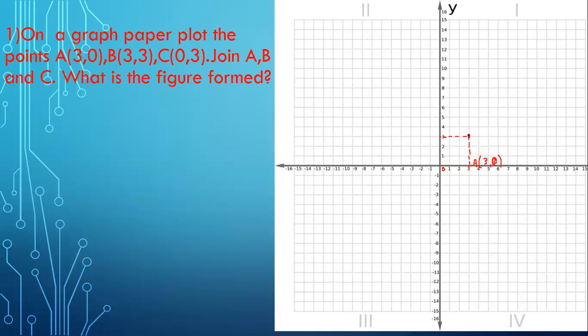And where both the lines meet, there you write point B. Write the coordinates also in bracket 3, comma 3. Close the bracket.